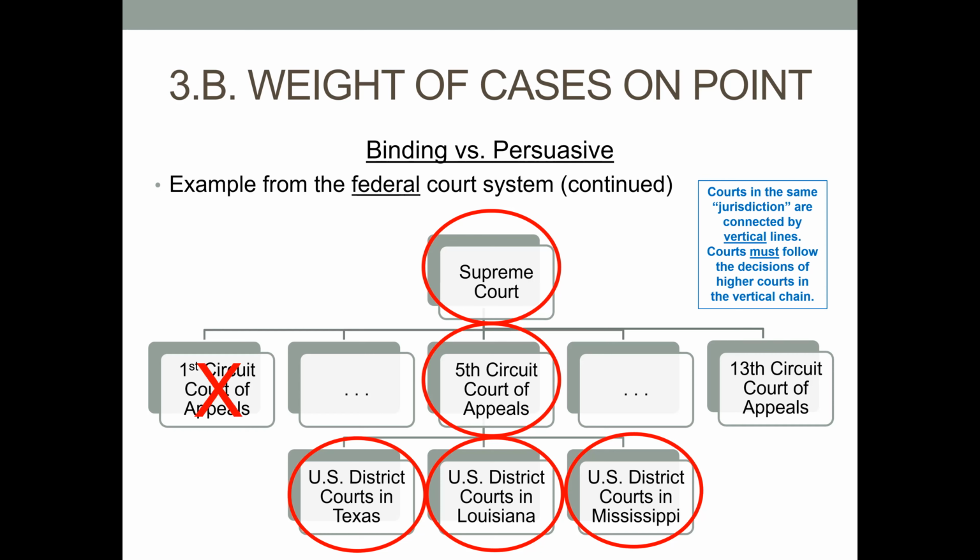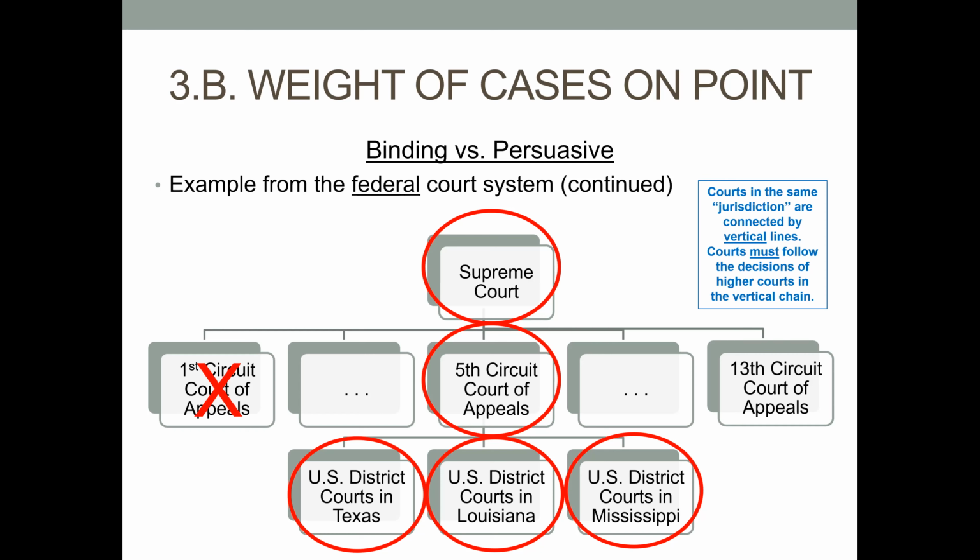Now, just note that the First Circuit Court of Appeals' opinions would not be binding on the Fifth Circuit Court of Appeals because it's not a higher court. It's an equal dignity court. Nor would the opinions of the First Circuit Court of Appeals be binding on the U.S. District Courts in Texas, Louisiana, and Mississippi, because those 3 states' federal district courts are not under the appellate jurisdiction of the First Circuit.